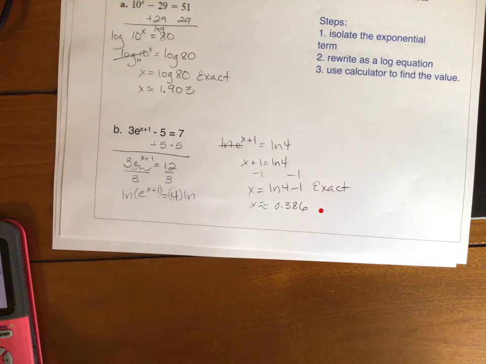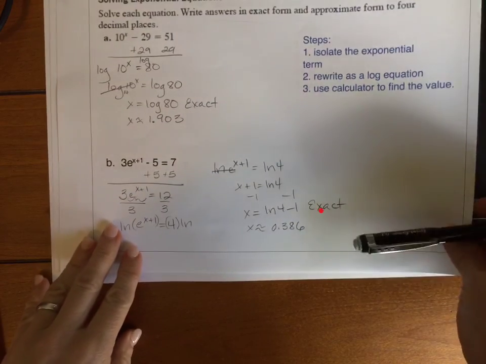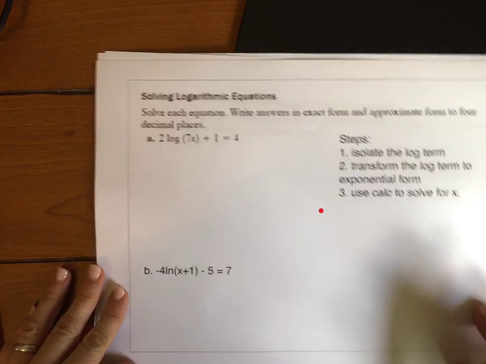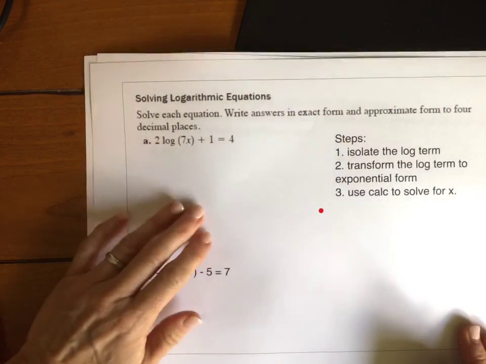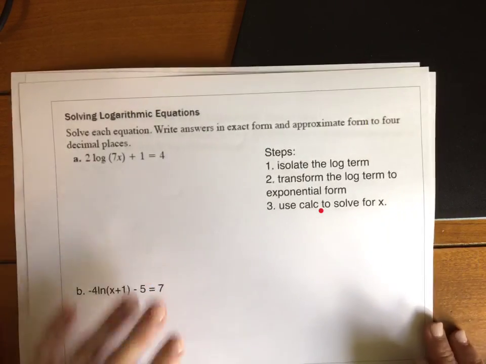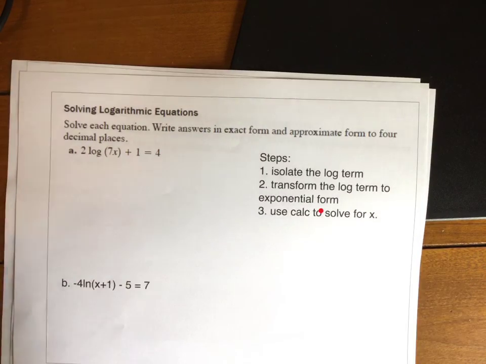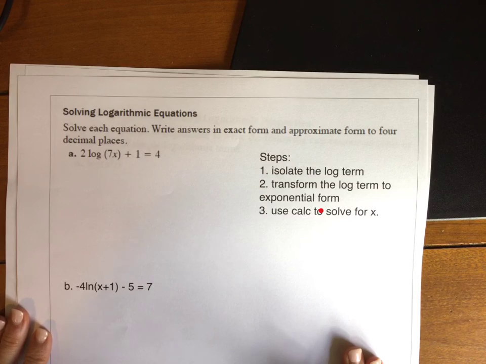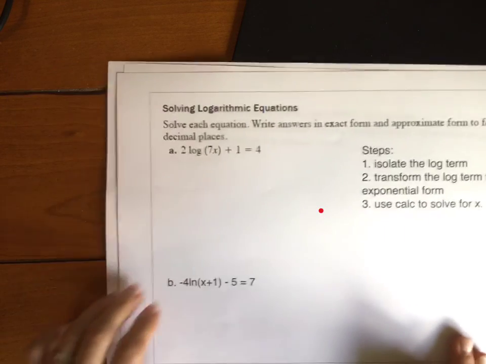So we solved exponential equations in our first week of remote learning, but we also solved logarithmic equations. If we want to do the same thing, instead of isolating the exponential term, we're going to isolate the log term, and then we're going to undo using exponents instead of logs.